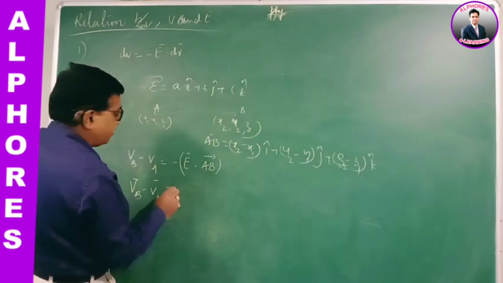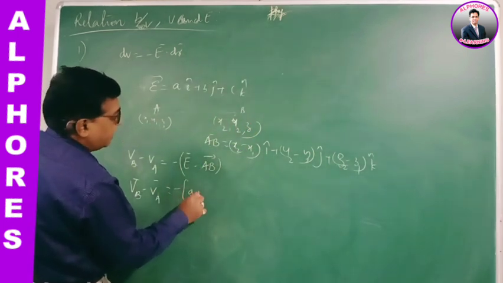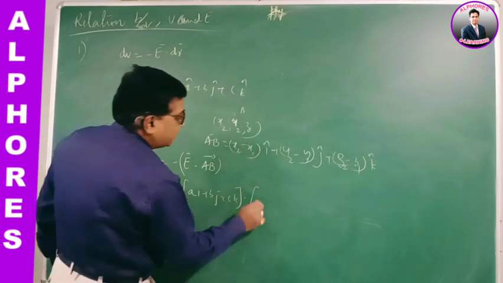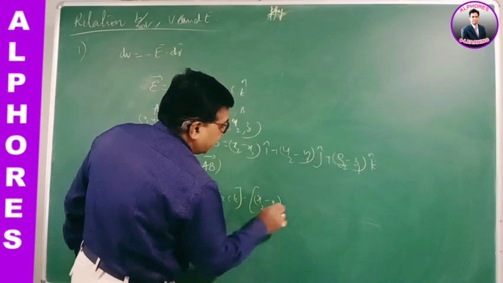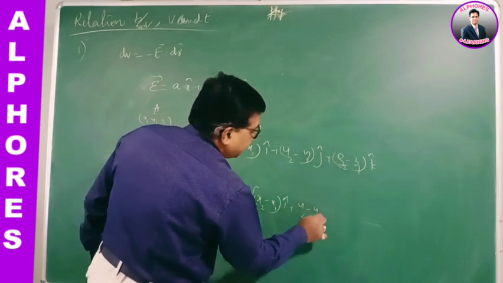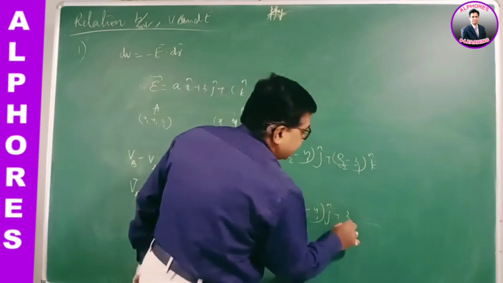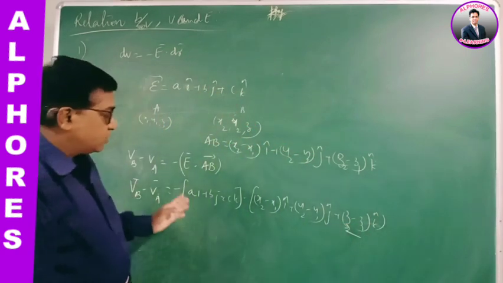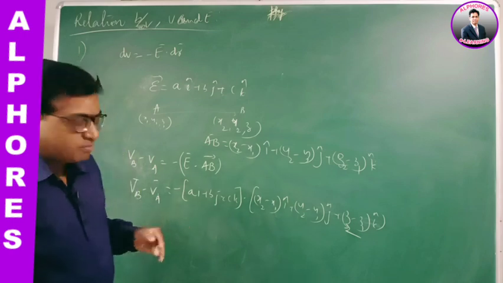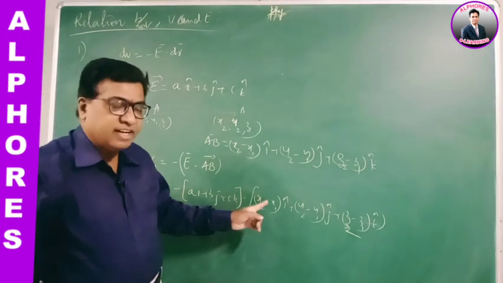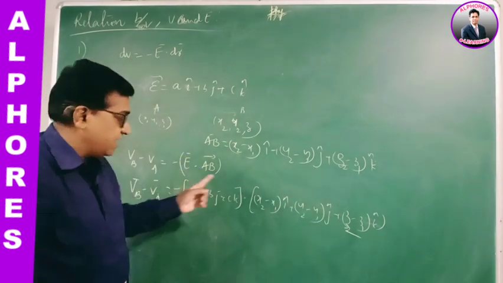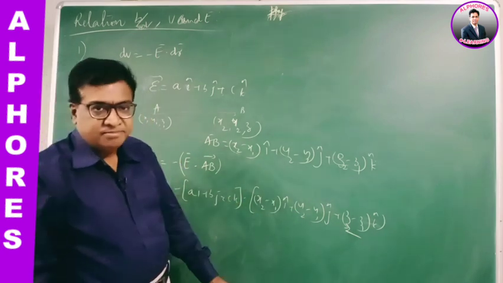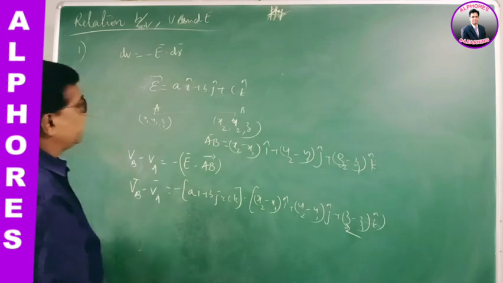Substituting, you get minus (a i plus b j plus c k), the electric field, dot (x2 minus x1) i cap plus (y2 minus y1) j cap plus (z2 minus z1) k cap. Now apply the dot product: if a1 b1 c1 and a2 b2 c2 are two vectors, it is a1 a2 plus b1 b2 plus c1 c2. Perform the dot product and you will get the answer. This is another way of finding it.